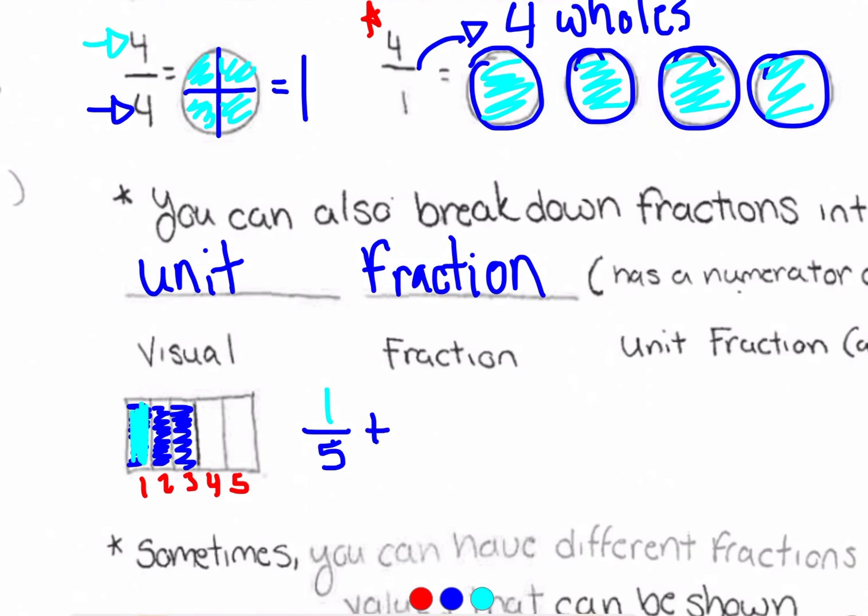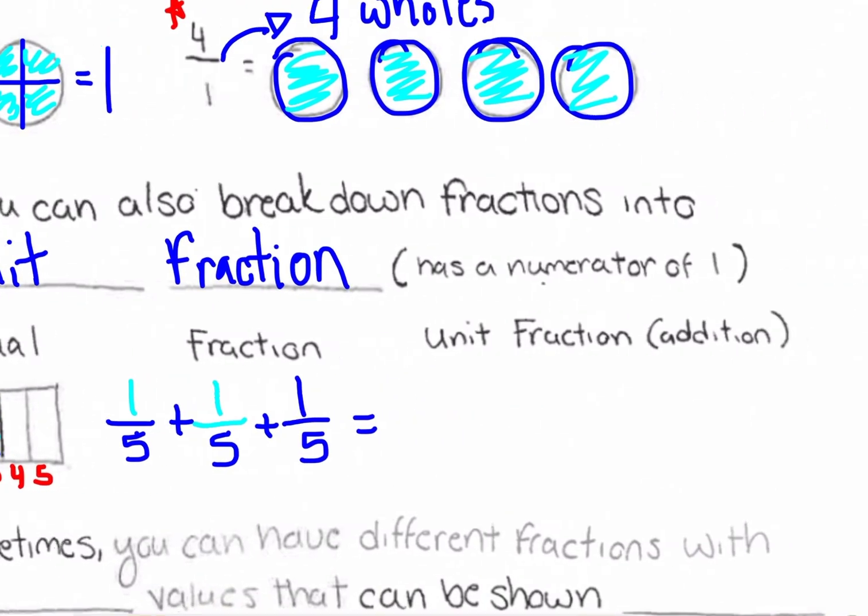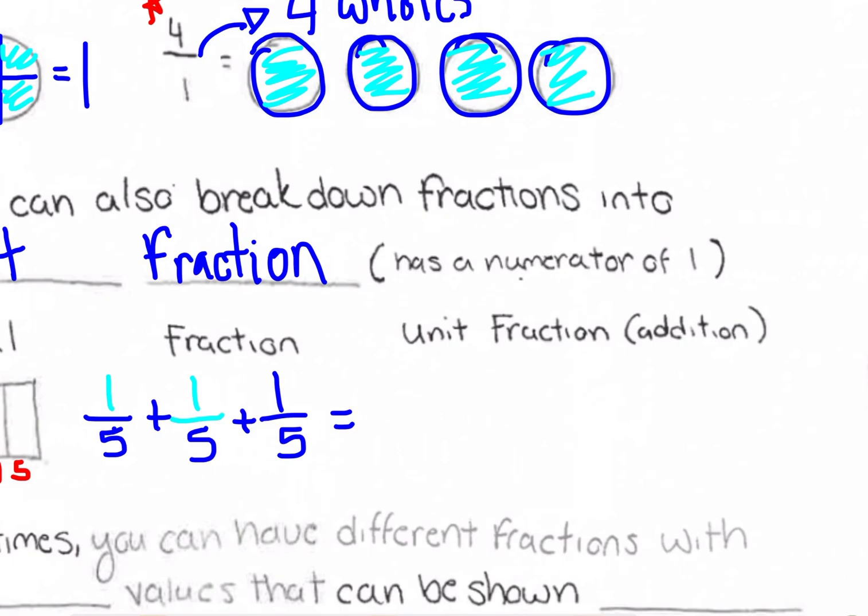And I'm going to eat another slice, this one. I ate 1/5. And then I'll eat another slice. Plus 1/5, and that means if I was to show it as a unit fraction with addition, it's going to look like that. Now, the whole problem, if I put it together, will be 3/5.